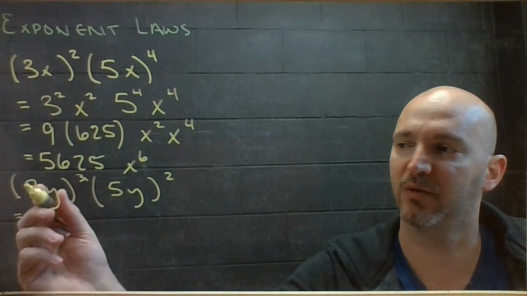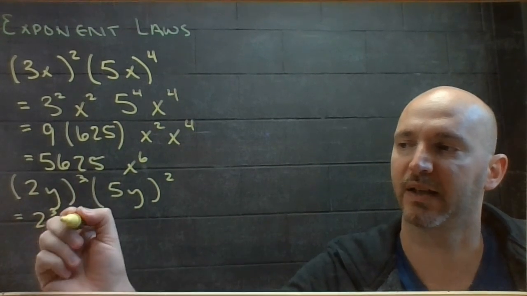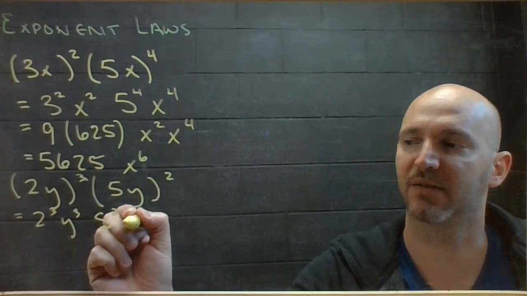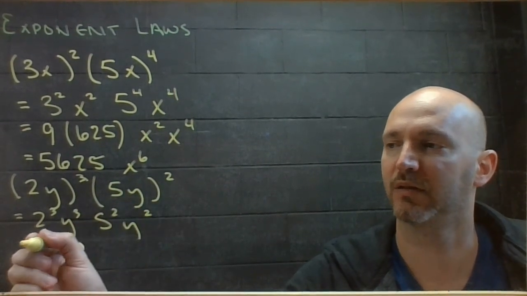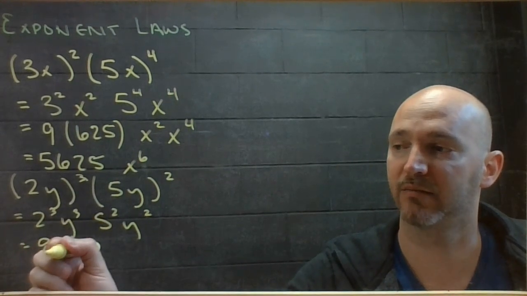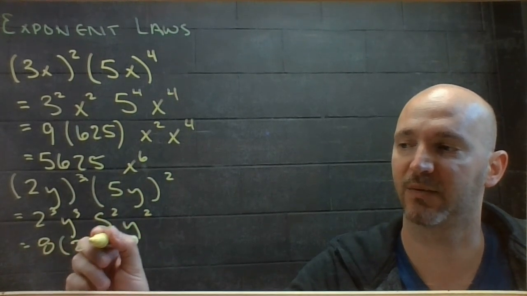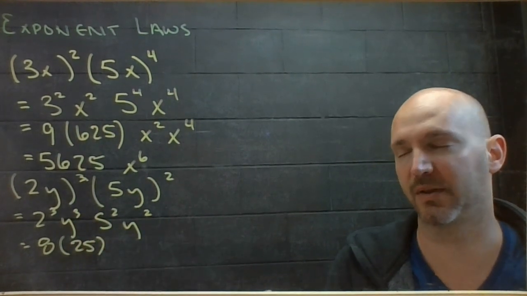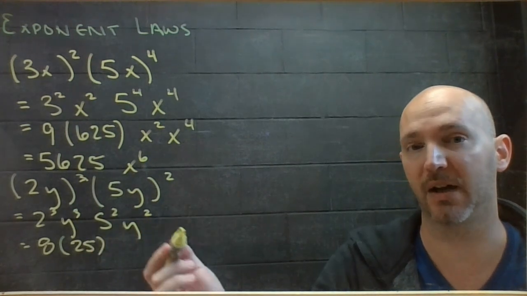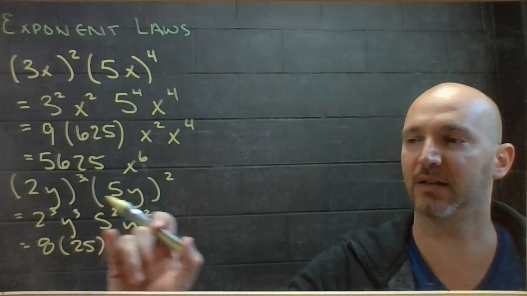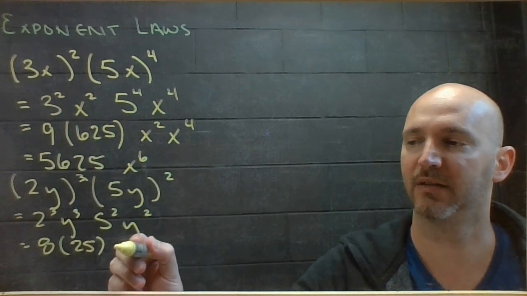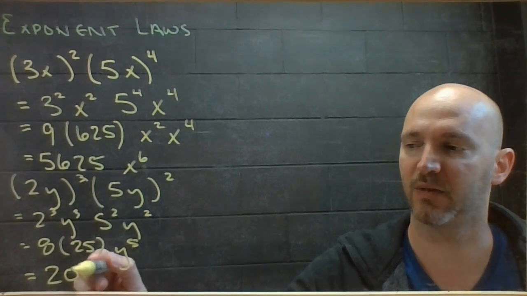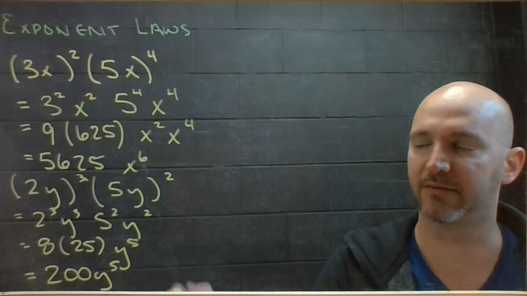So 2 cubed, y gets a cube, 5 gets a square, y gets a square. 2 cubed is 8. 5 squared is 25. And I have y cubed times y squared. That's 3 powers of y here, 2 powers of y there. That's a total of 5 powers of y. So 8 times 25 is 200 y to the 5.